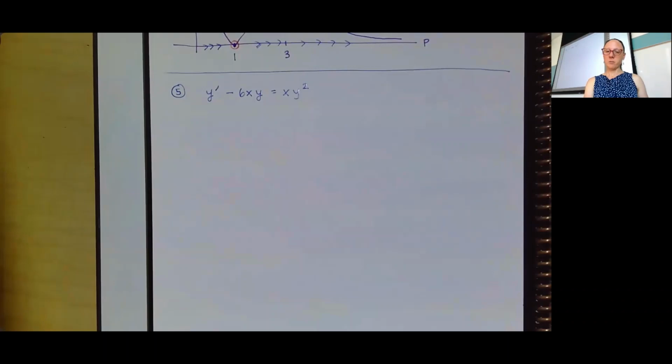Okay, so this is number 5 from my practice sheet. And if what I asked us to do was to solve the differential equation, we really only have 2 techniques so far in this class. Either it's separable or it's first order linear. So I actually think that first order linear is easier to check for.